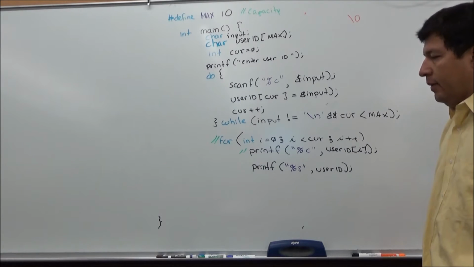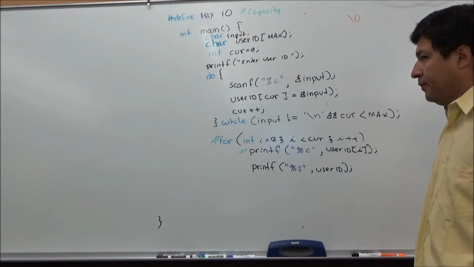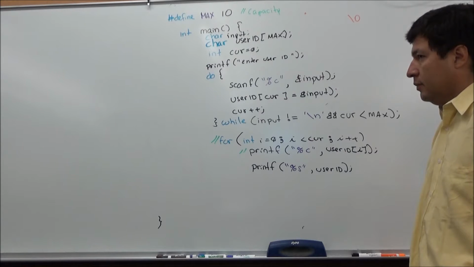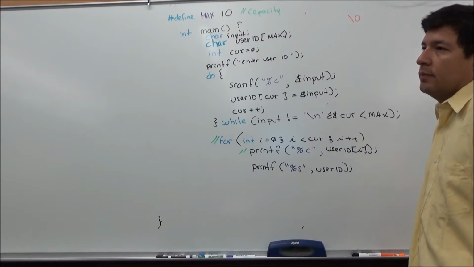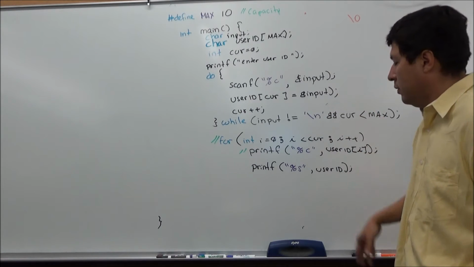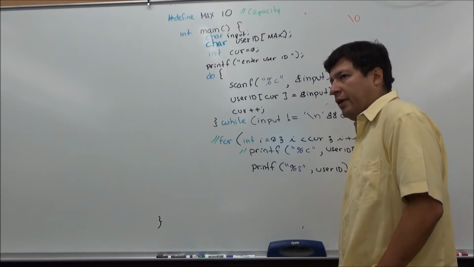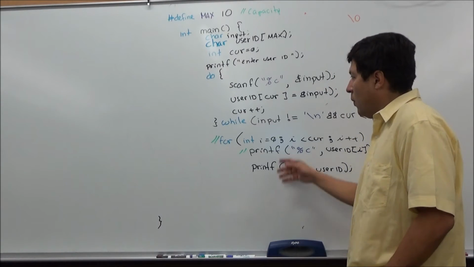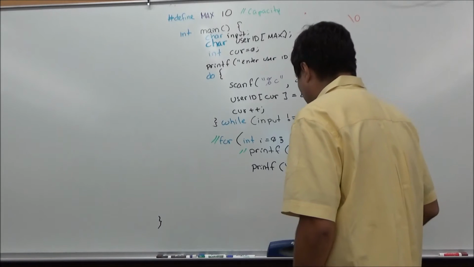Oh, that means okay. And the current can be less than 10 characters. I mean, you can keep adding as long as you don't exceed the 10 characters. So what we're gonna do now is add this line.